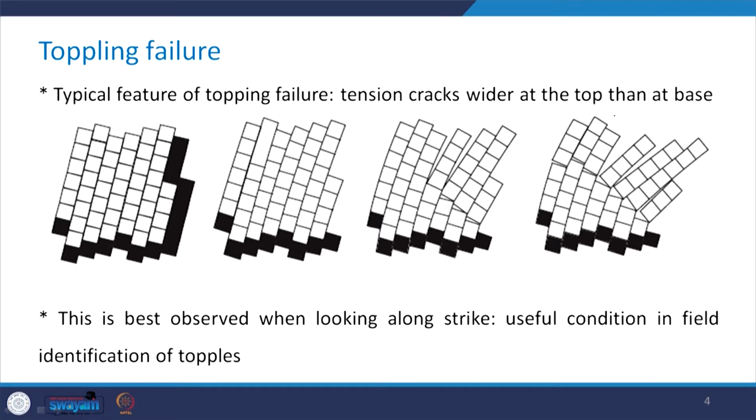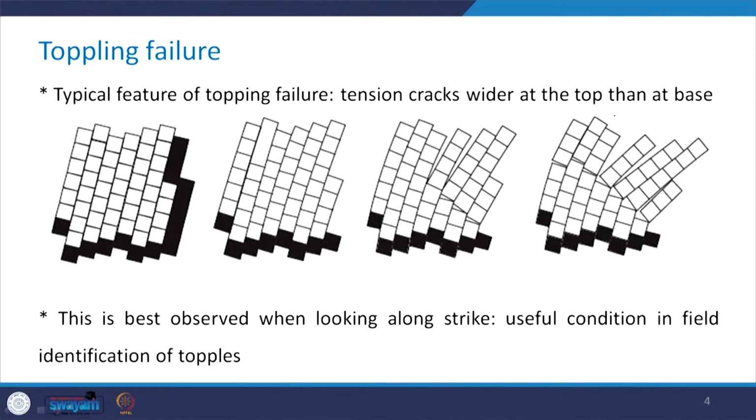The typical feature of toppling failure is the occurrence of tension cracks, which are wider at the top than at the base. You can see that here the width is only this much, however, here the width is larger as compared to what it was at the base.